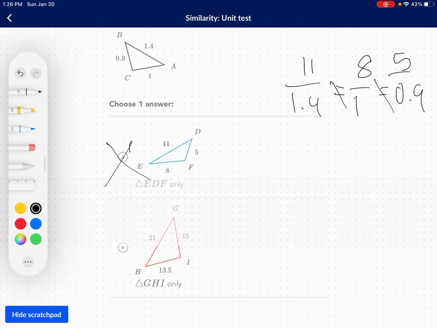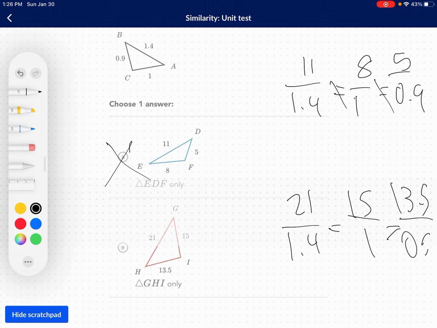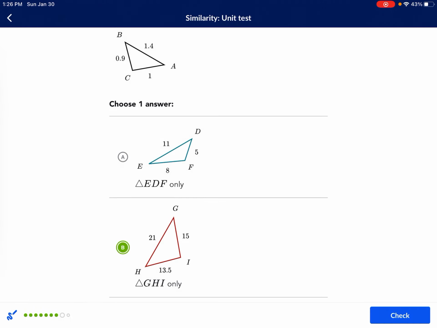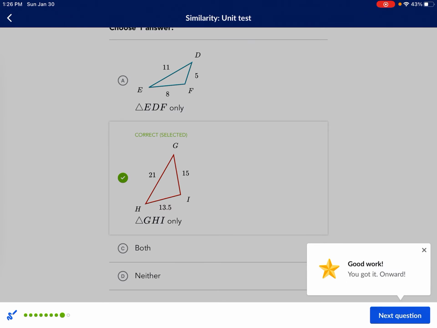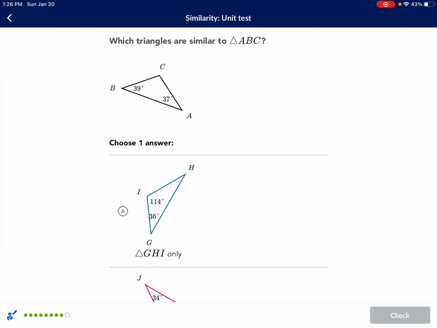Let's see for B. The long side 21 over 1.4, the second long side 15 over 1, and the next 13.5 over 0.9. 21 over 1.4, yes, B works. They all have a proportion of 15.